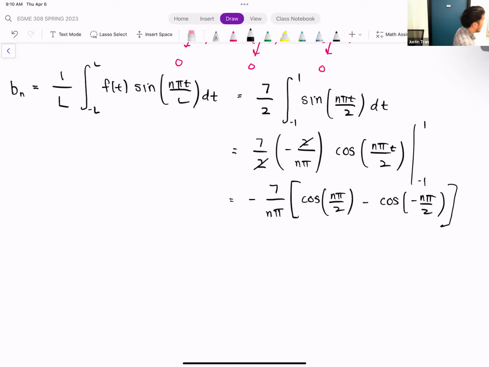All right, so let's invoke our even and odd function properties. We have cosine of minus n pi over 2. Because cosine is even, we just negate the negative, and this is going to be cosine of n pi over 2.